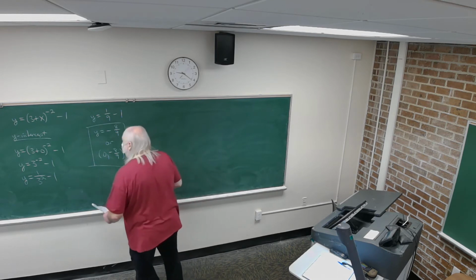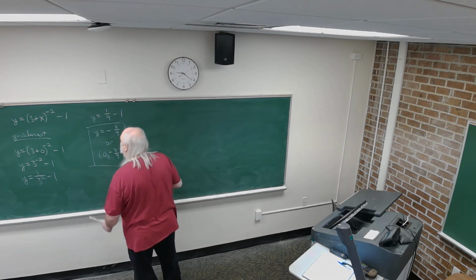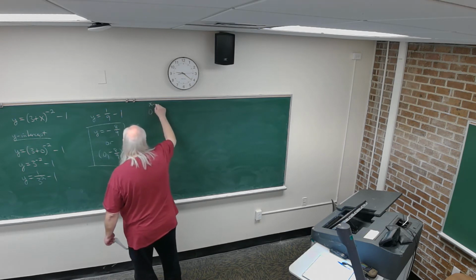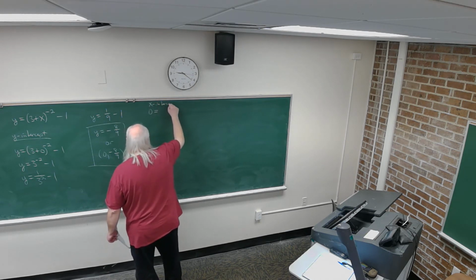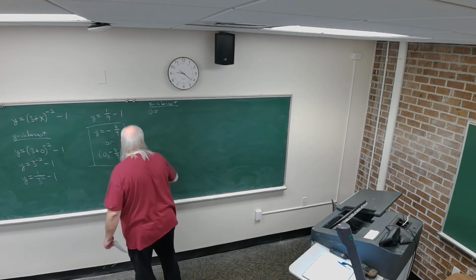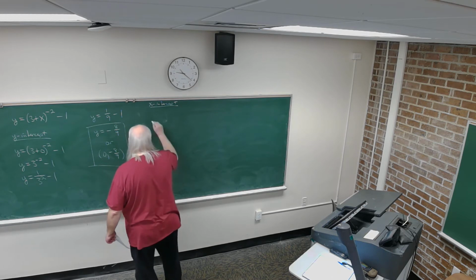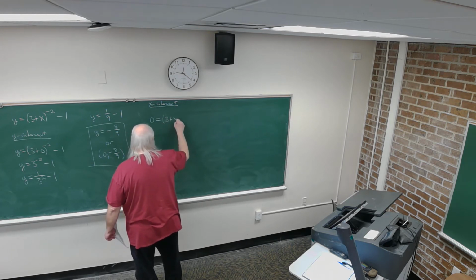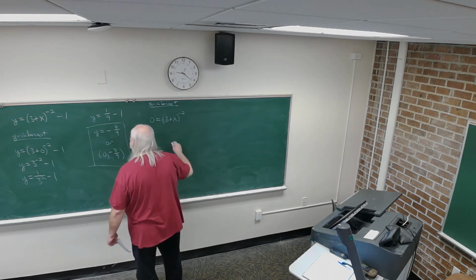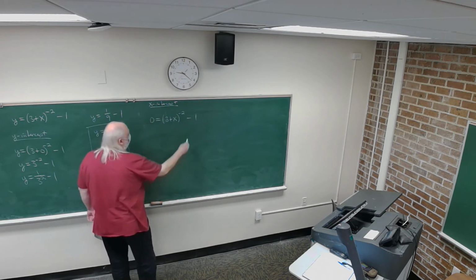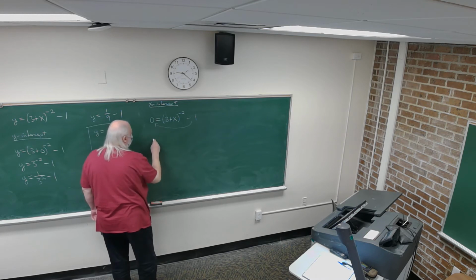To find the x-intercept, we set y equal to 0. And so when we set y equal to 0, we end up with 3 plus x to the minus 2 minus 1. So you can add 1 to both sides.